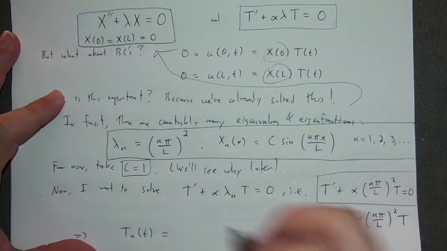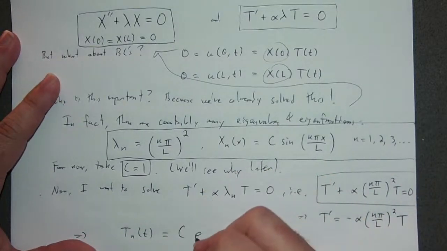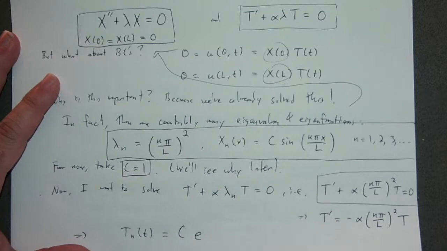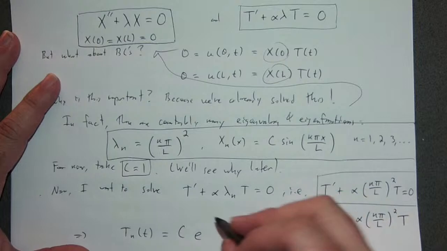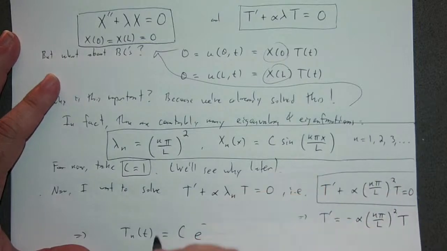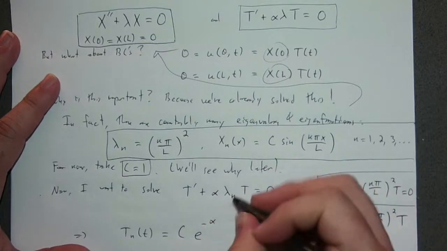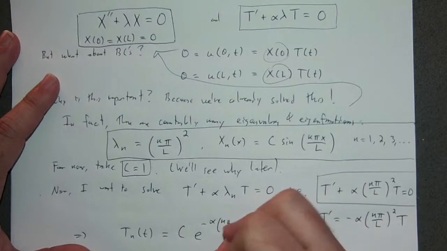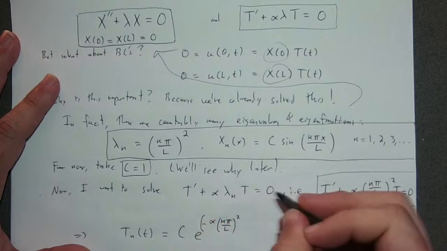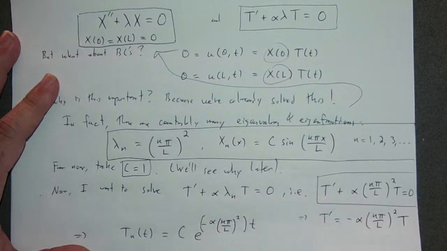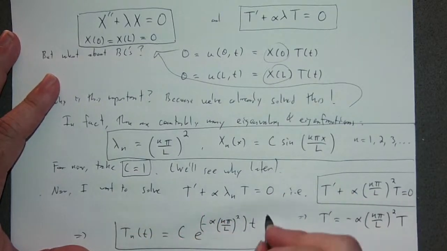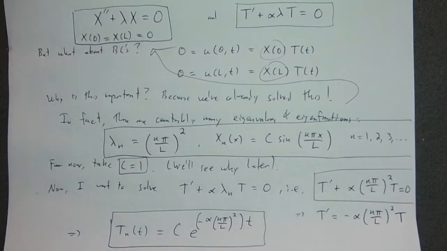It is just some constant c times the exponential function raised exactly to this constant, right? So this is minus alpha n pi over L squared t, where c is some constant.